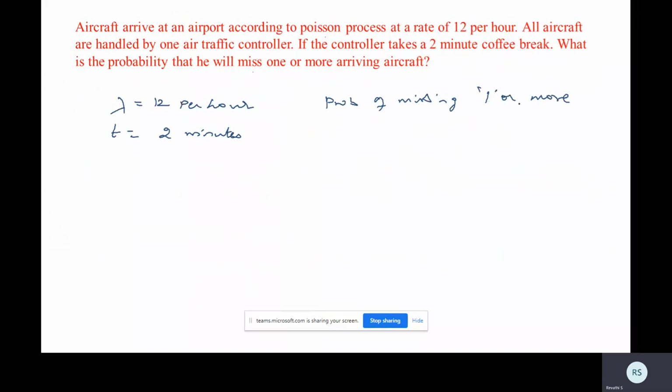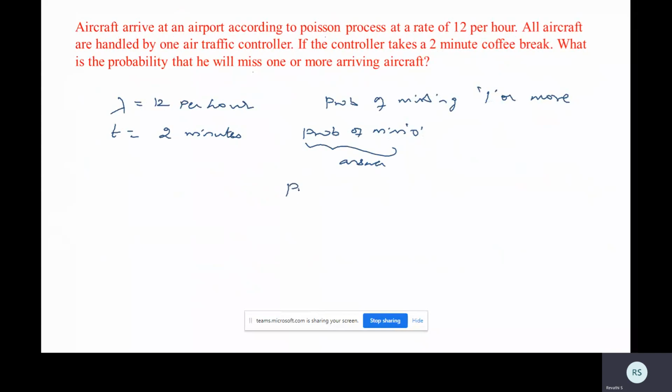One or more means we would have to count from 1, 2, 3 up to infinity, which is not possible. So what we can do is find the probability of missing 0, since we are not missing anything at all. Then we subtract this answer from 1 so that we get the probability of missing one or more.